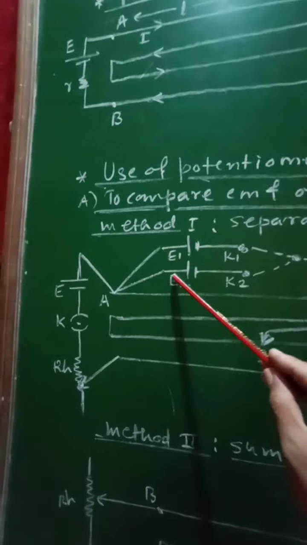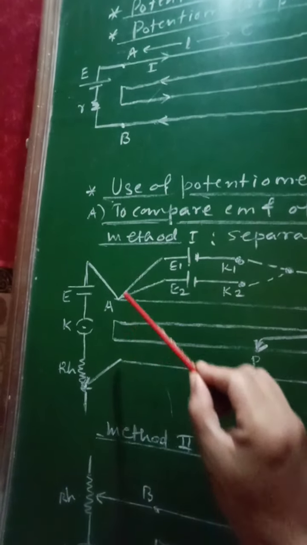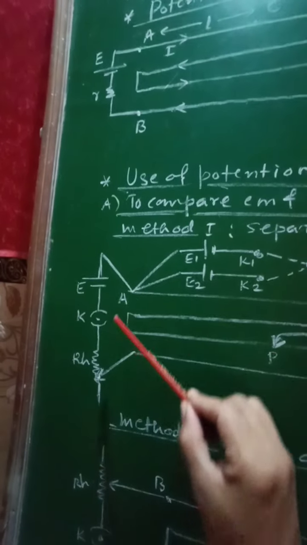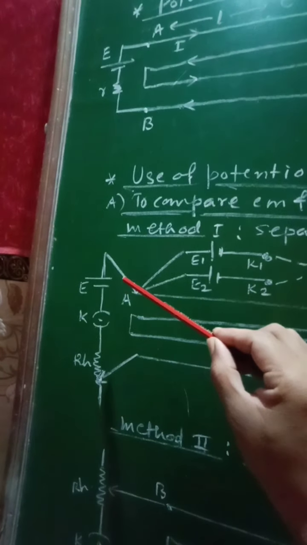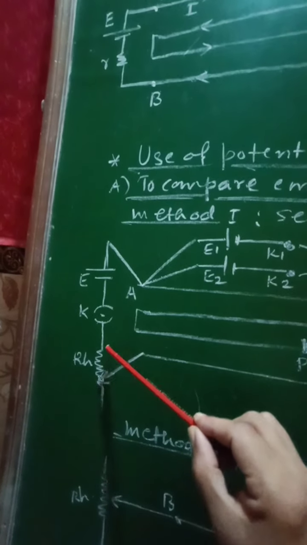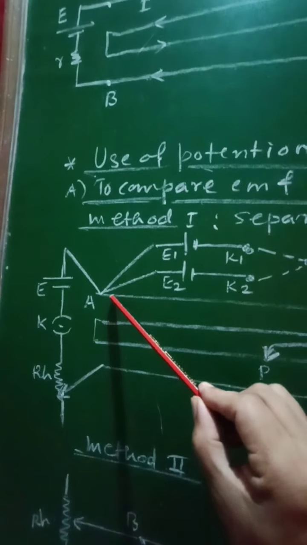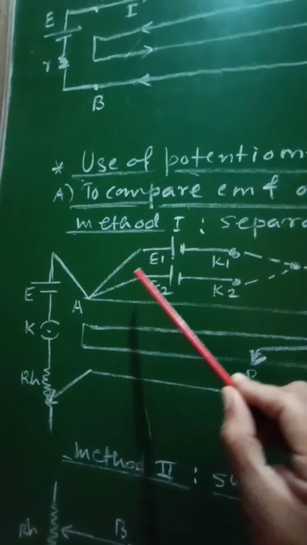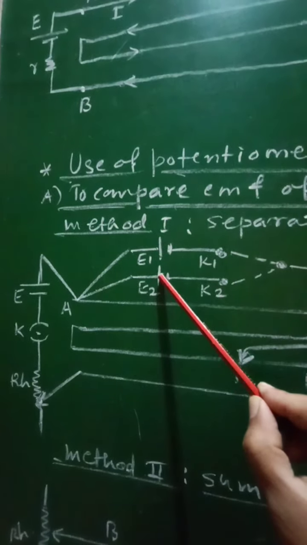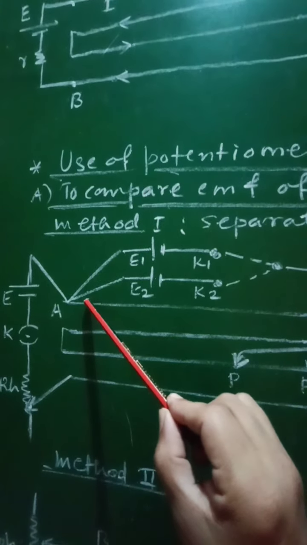By this method, between the two ends of the potentiometer wire, a series combination of cell of EMF E, key K and rheostat RH will be connected. Then from terminal A of this potentiometer wire, the positive terminals of both the cells E1 and E2 will be connected.